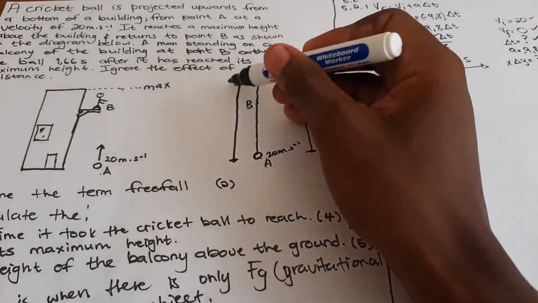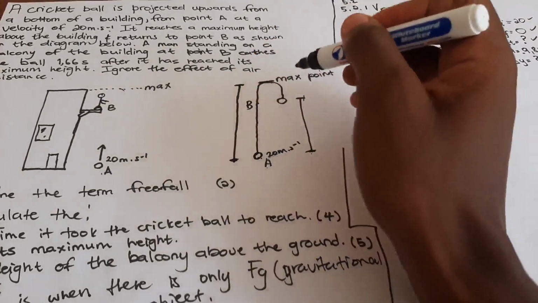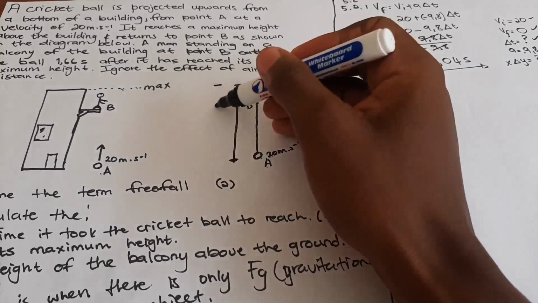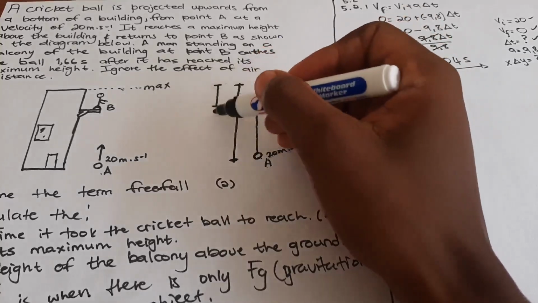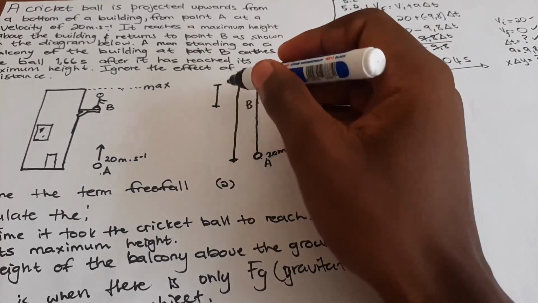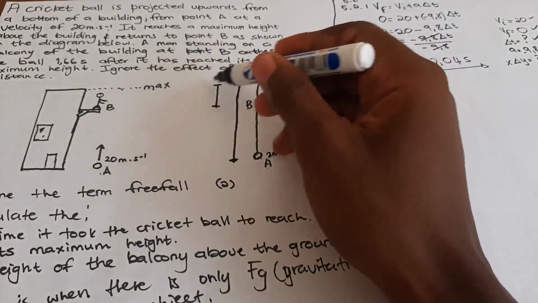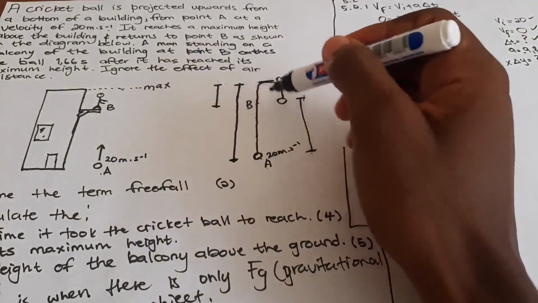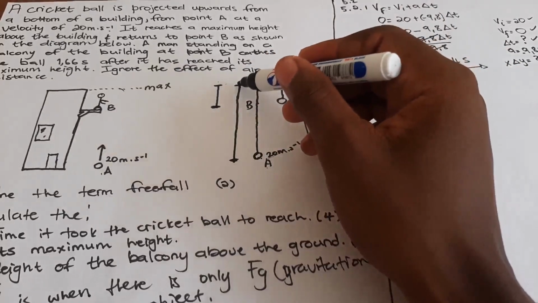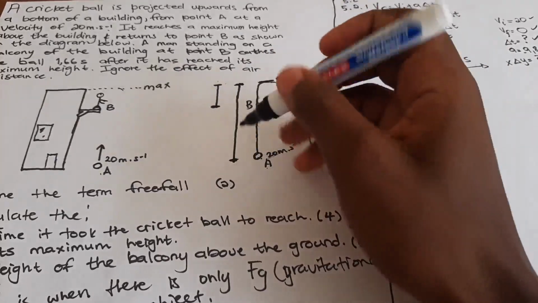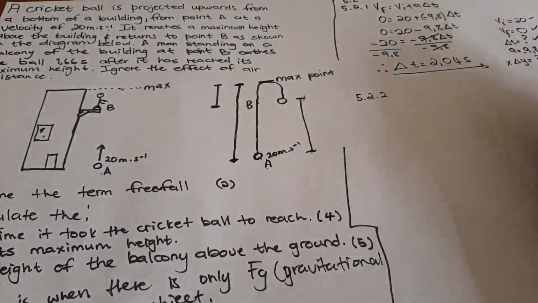After calculating the whole height, we have to calculate the height from the top of the building to the balcony, point B. Then we take this answer and subtract it from the height of the building, from point A to the maximum point.